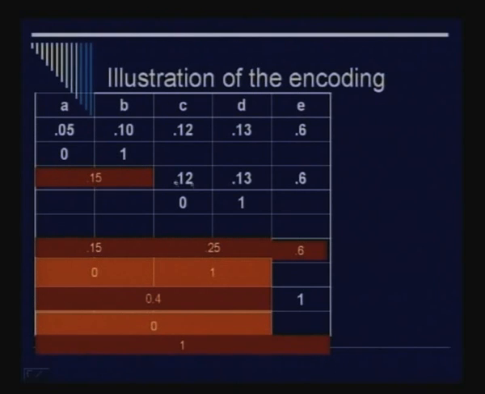Okay. So then the next two minimum probabilities will be that of C and D, right, because the probability of C is 0.12 and the probability of D is 0.13. Okay. So you again do the similar thing, you encode this with 0 and 1, and the summation you consider and make it 0.25. Right.